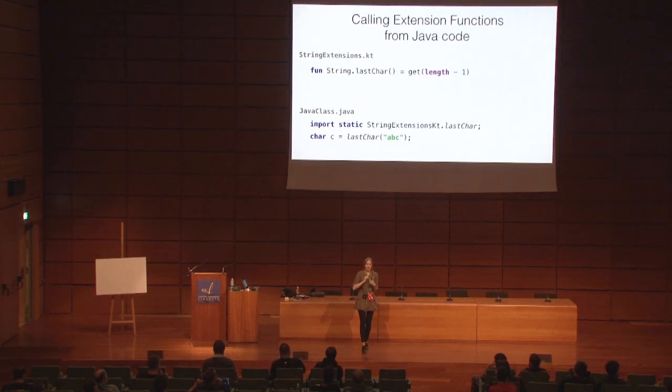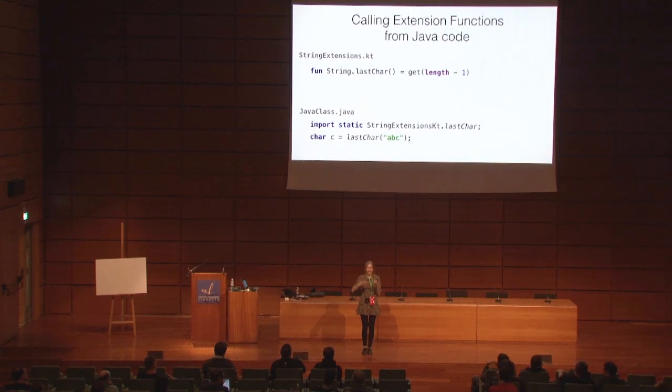So returning to my question, what do you think? Is it possible to call private methods of the string class from the extension function in Kotlin? Who thinks yes, it's possible? Some. OK, not many. Who thinks it's not possible? Why? Yes, it's the right answer. That's because it's compiled to a regular static function.